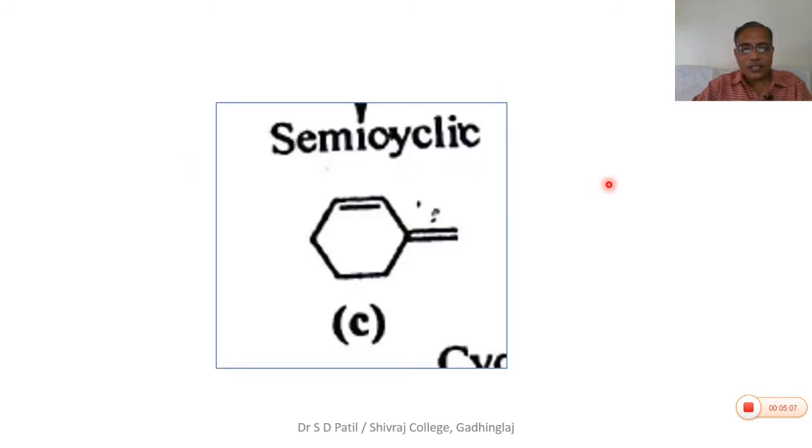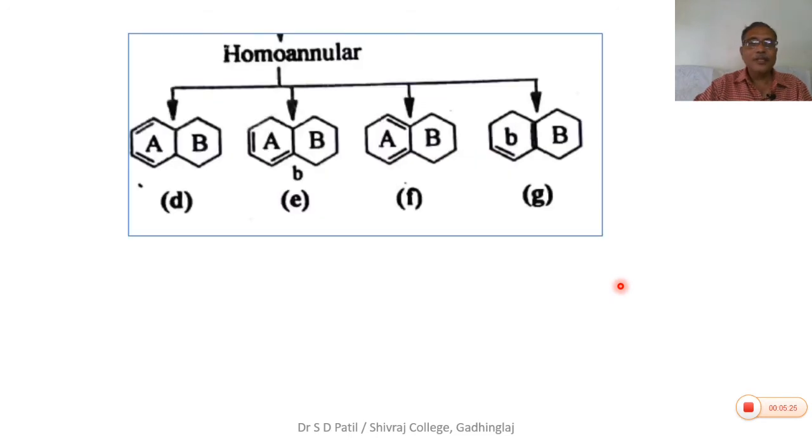Then this third structure, structure C, is a semi-cyclic diene, because in this case one double bond is outside the ring and other double bond is inside the ring. So it is a semi-cyclic diene, and again such dienes are to be considered for calculation. When both the double bonds are present in a single ring, it is called as homoannular diene.